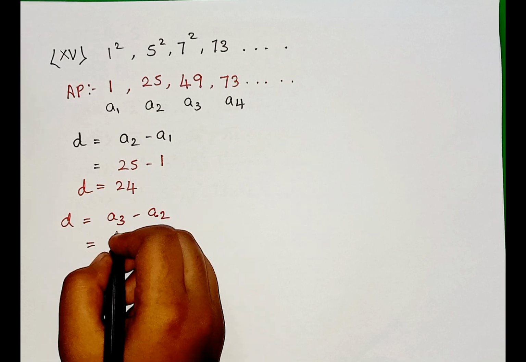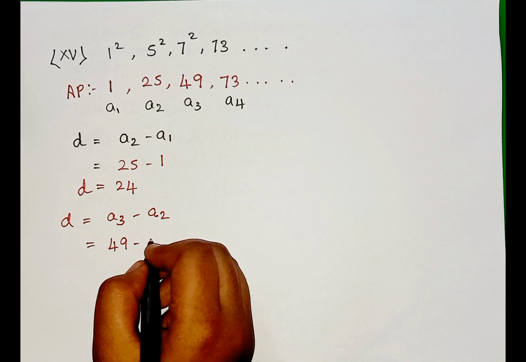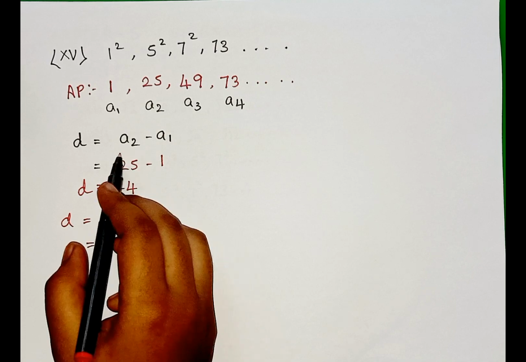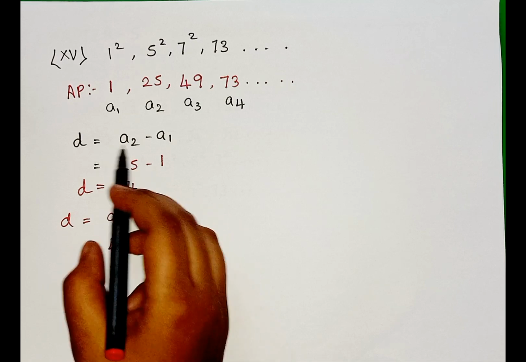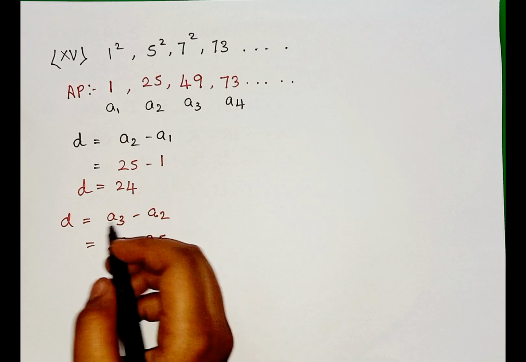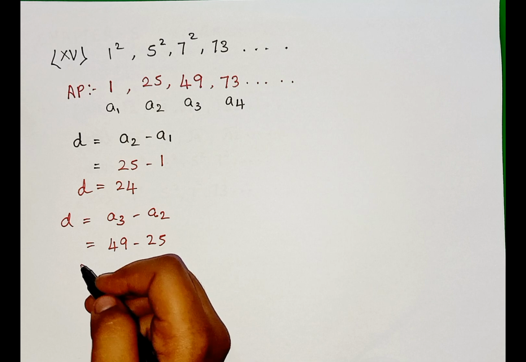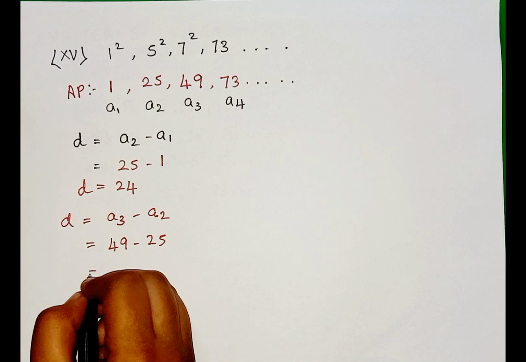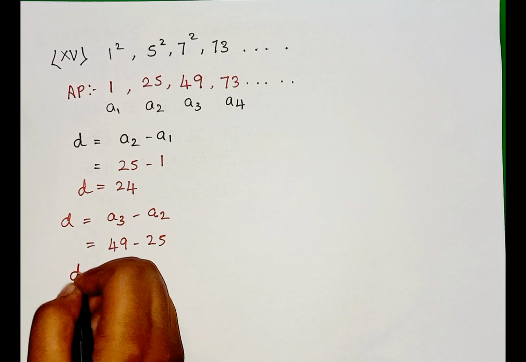So the A3 value is 49 minus A2 value is 25. So these all are kind of like a formula. If you don't know the meaning of A2 minus A1, this is how we find the common difference. D is representing the common difference. I just want to recall the stuff. So 49 minus 25 is 24. So this is our D value.